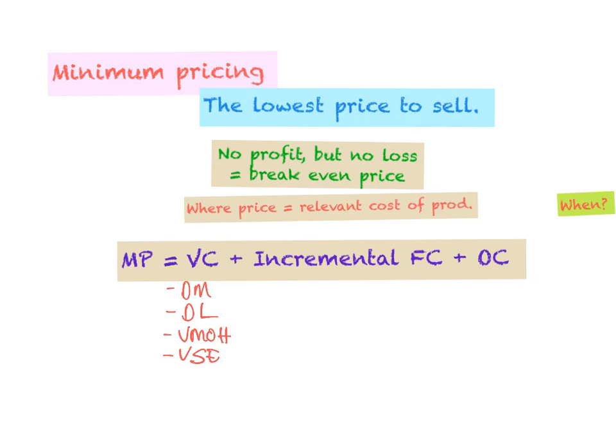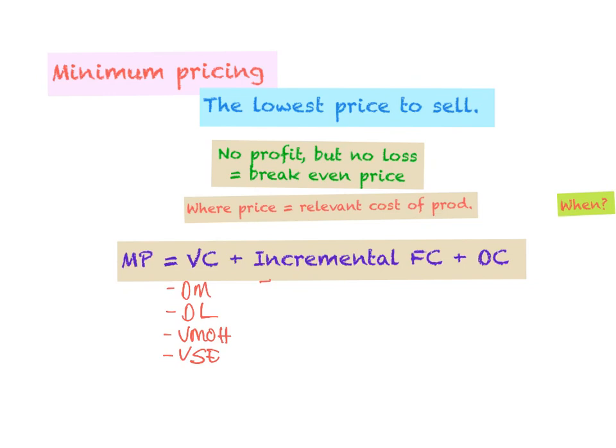Okay, and then you are going to plus it with the incremental fixed costs. What are these incremental fixed costs? For example, these are the specific fixed costs that you might need to incur just to sell the product at the minimum price. Why? Maybe you want to entertain the special order, so you just want to sell at the minimum price because of certain reasons. So what are the incremental fixed costs?